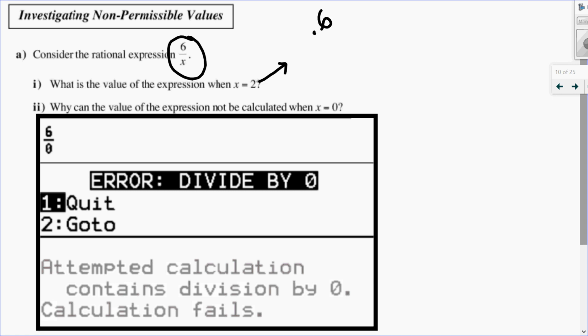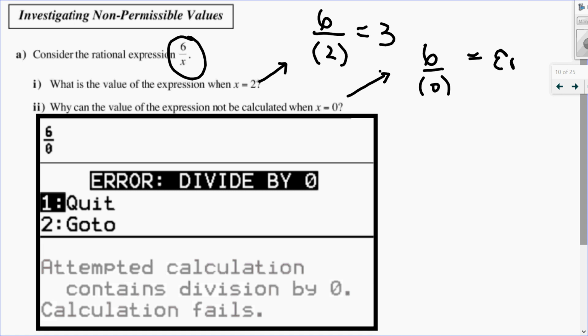Instead of having 6 divided by x, I have 6 divided by 2, which is 3. That's okay. But what happens when x is 0? I would have 6 divided by 0, and if you do that on your calculator like I showed you, an error message. You cannot divide by 0.